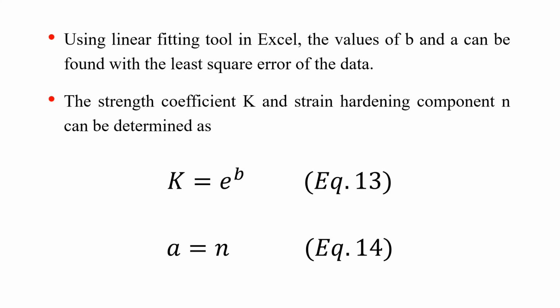And finally, for the data of this experiment, using the linear fitting tool in Excel, the values of b and a can be found with the least square error of the data. The strength coefficient k and strain hardening exponent n can be determined as equations 13 and 14, and that is all.